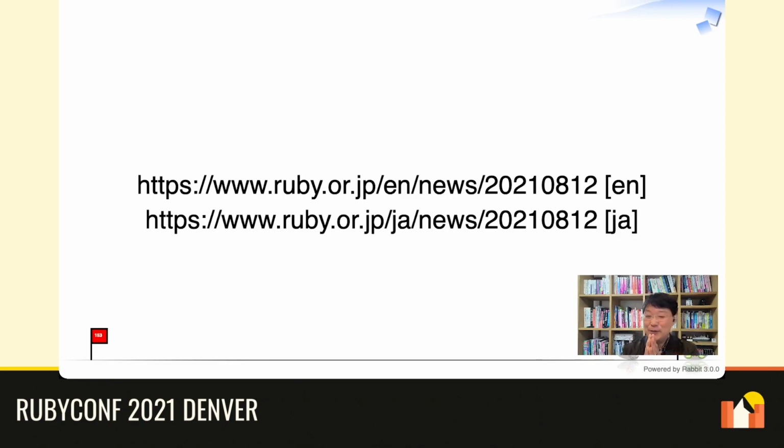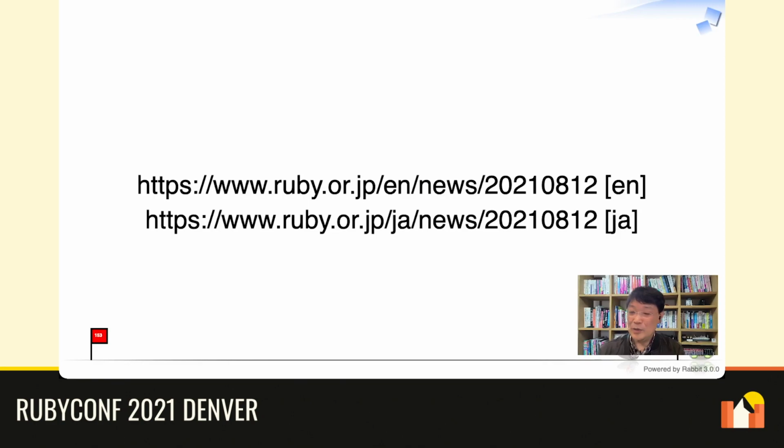Unfortunately, at the time of this conference, this year's grant proposal was already closed. I'm sorry, but we are going to have the same grant next year, so prepare for next year and propose some kind of improvement plan.